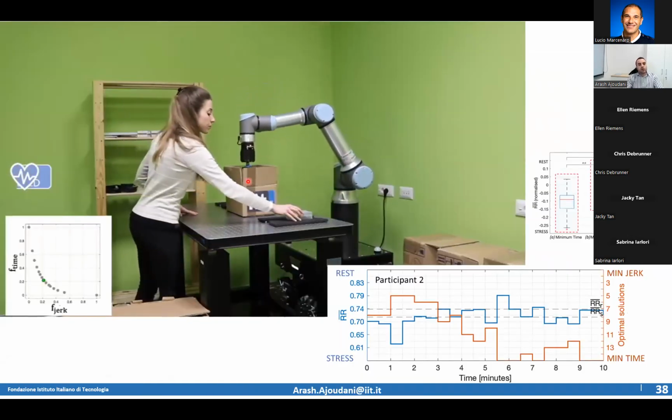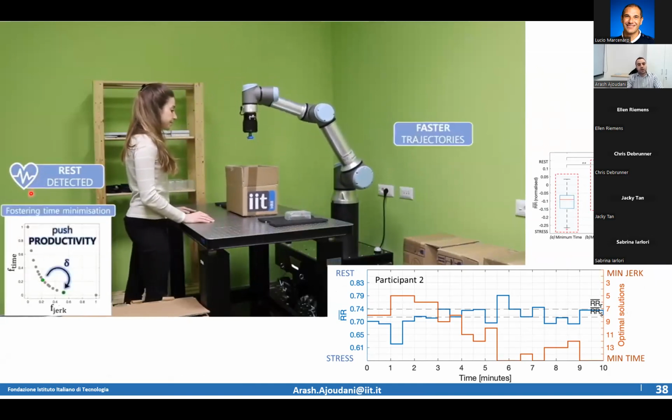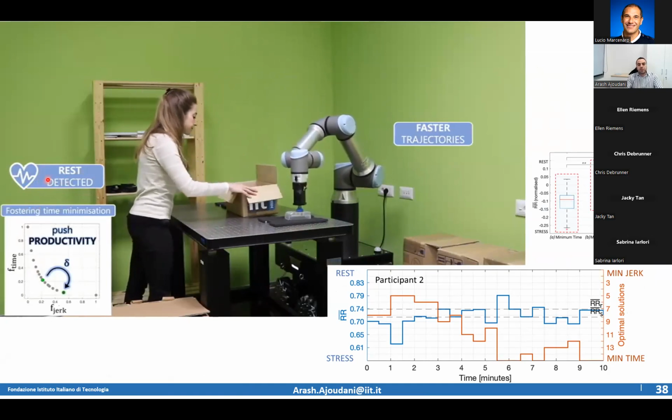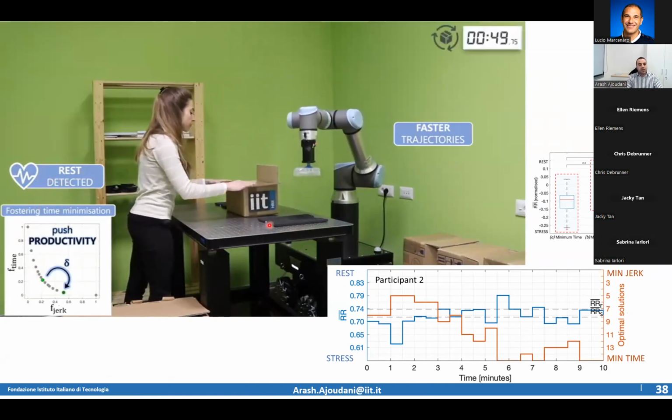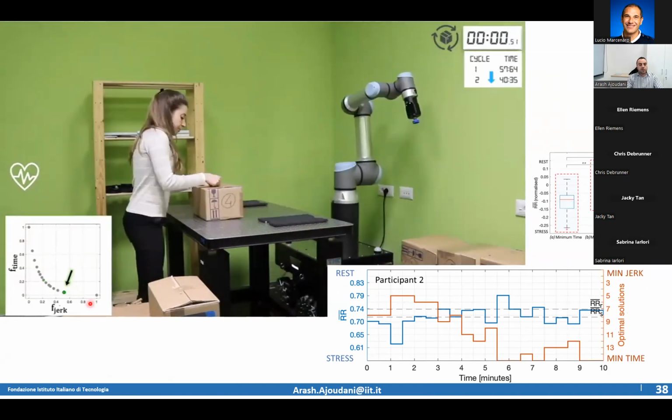You start co-filling the box with a person, and the robot realizes through our algorithms that the person is at rest, which is quite boring, and it starts pushing on this Pareto front optimization to increase the velocity of the execution.